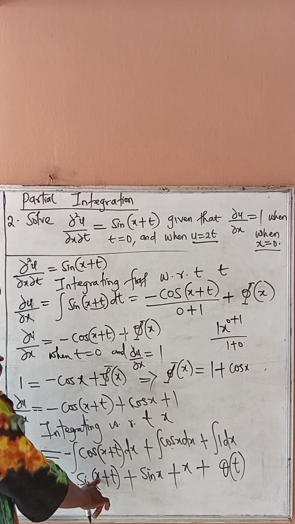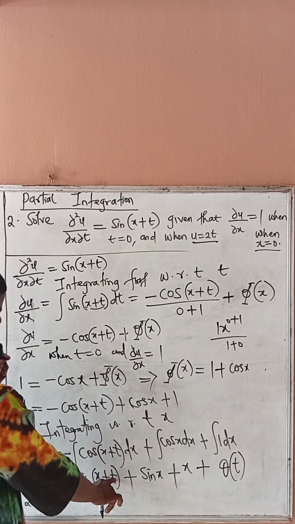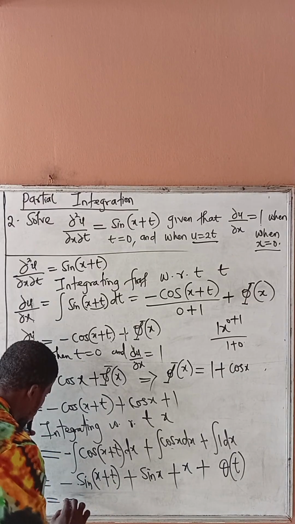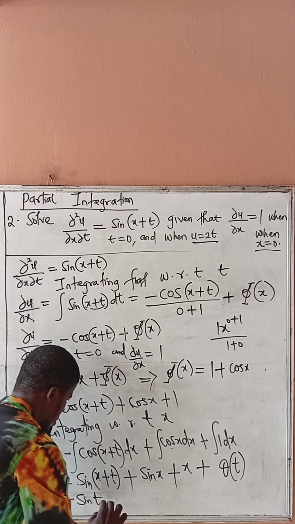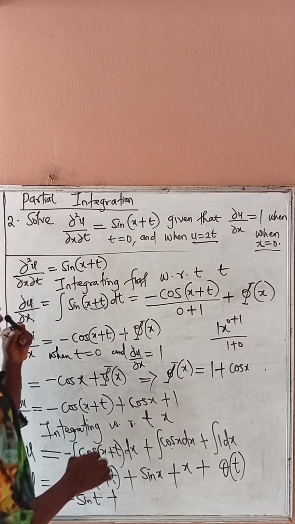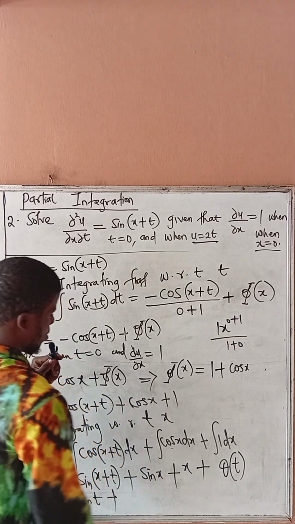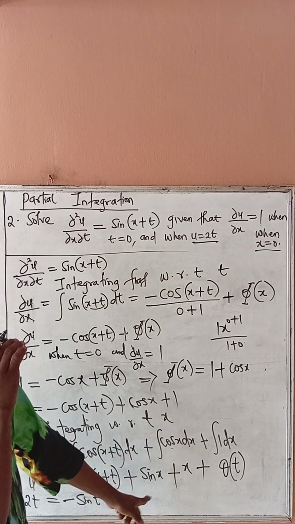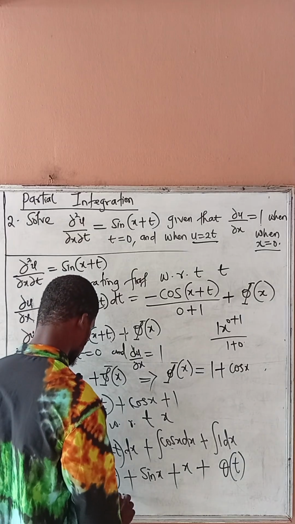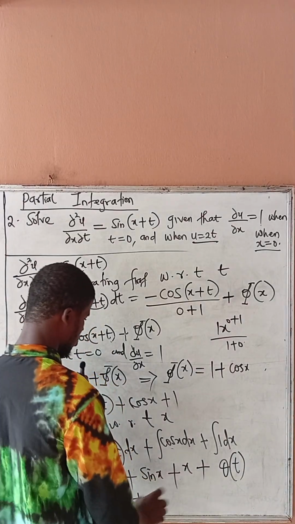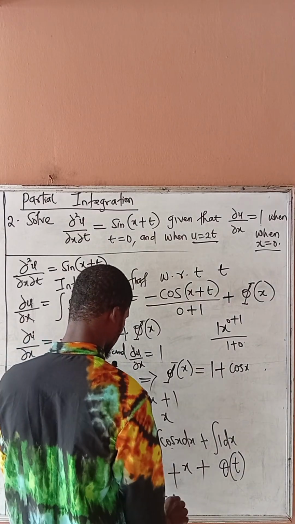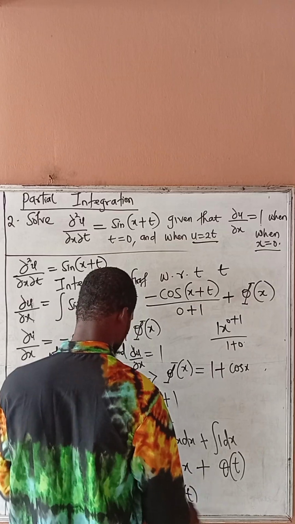If I plug in 0 here, 0 plus t is t. So I have minus sine t. Then I have sine 0. Sine 0 is 0. X is 0. Then I have theta of t.